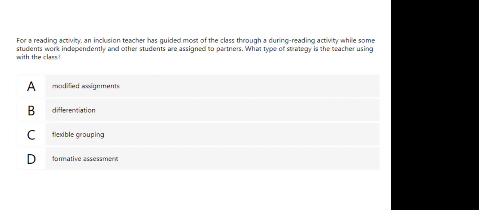So the students are actively reading. That's our key for this particular question. What is the strategy?